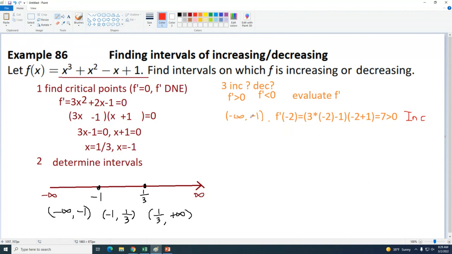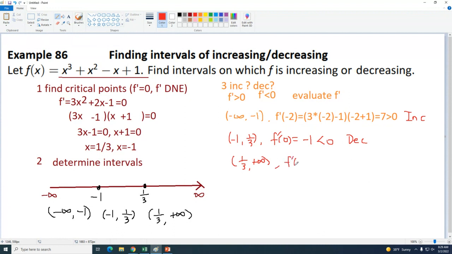And we do the same for the other two intervals. For -1 to 1/3, we can calculate the value at 0, since 0 is between these two numbers. You plug in 0 to this function, you get -1, which is negative. That means the function is decreasing on this interval. The last interval is 1/3 to positive infinity, and we can pick any number.